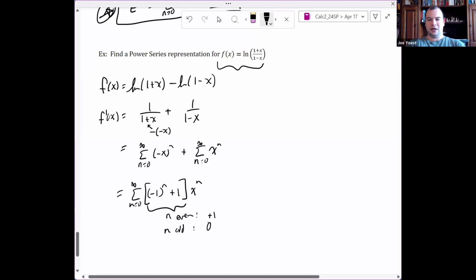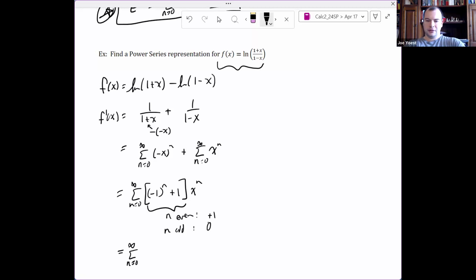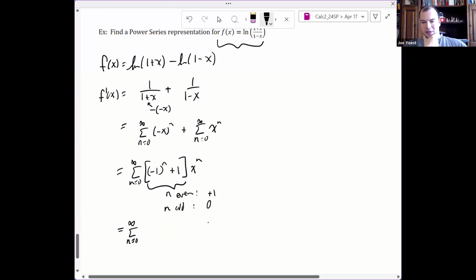So all of my odd powers go away, and I'm just left with even powers. So sum n equals 0 to infinity. I only want the even powers.